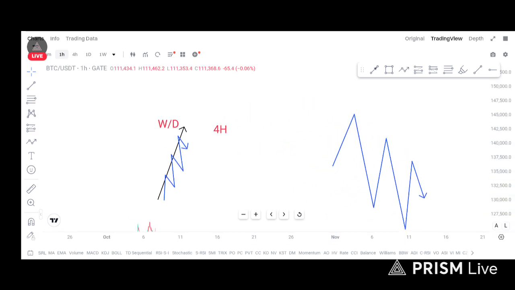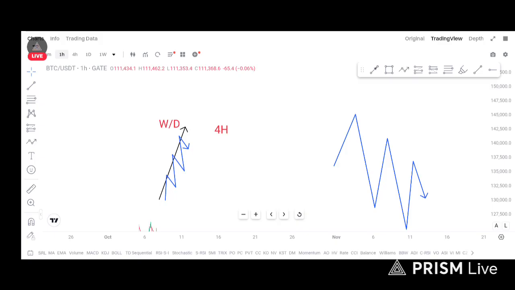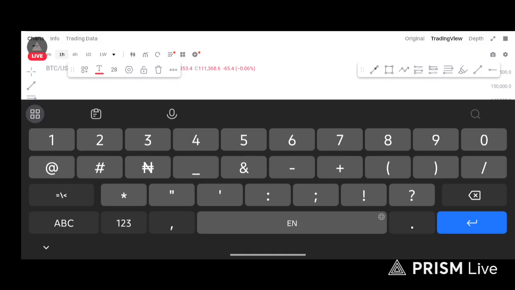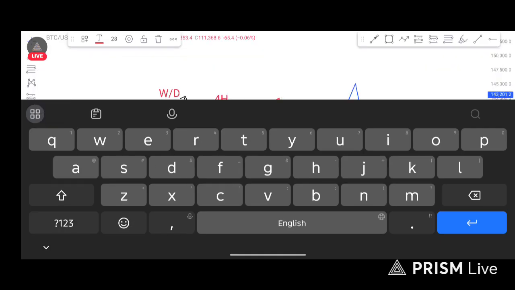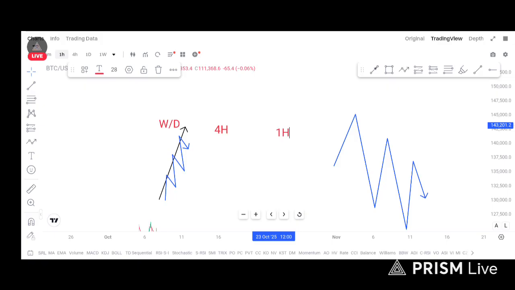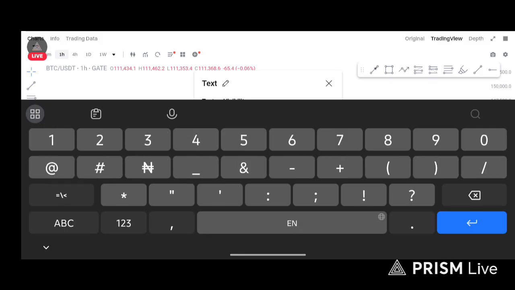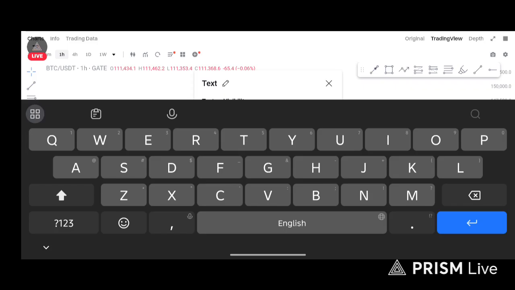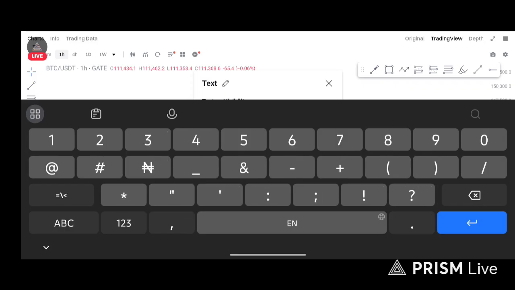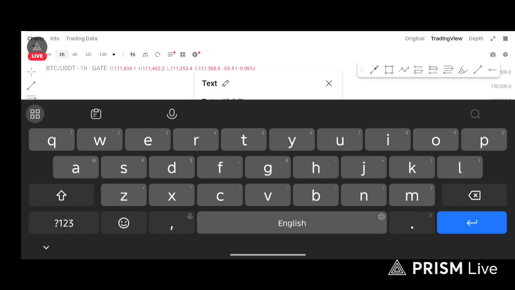Now we have the 1-hour time frame, or 30 minutes, or 15 minutes.